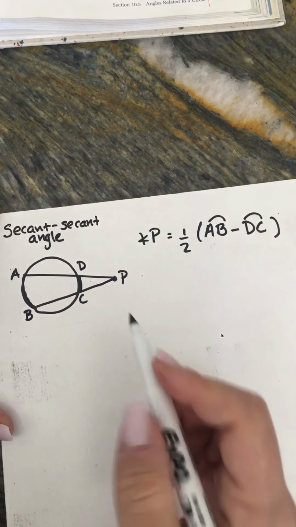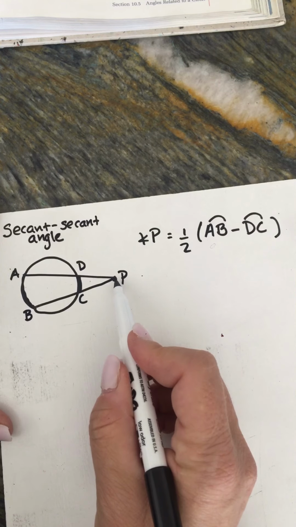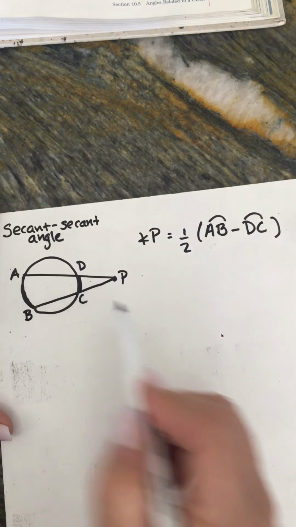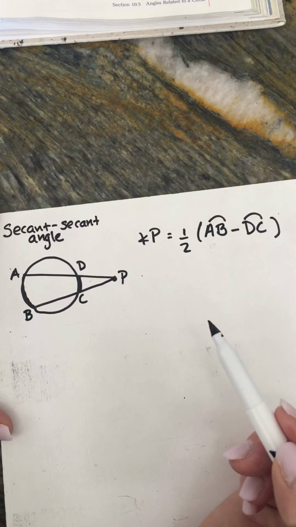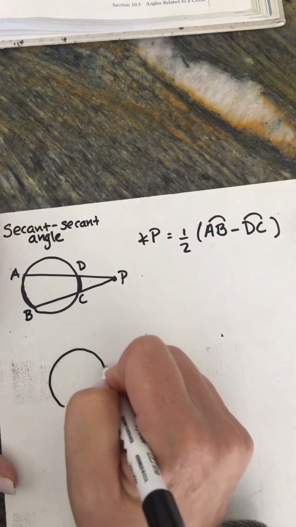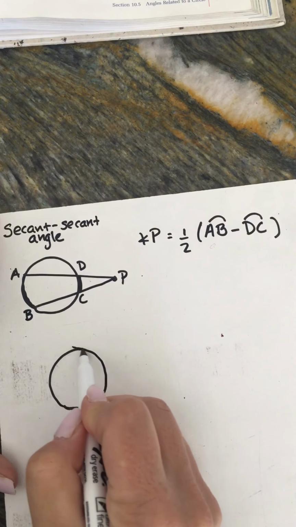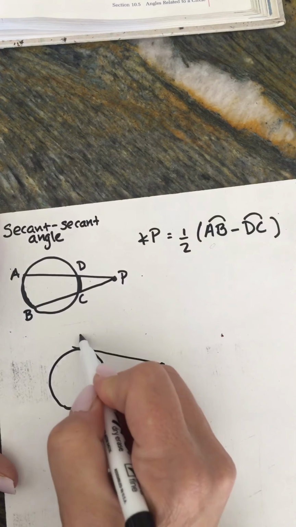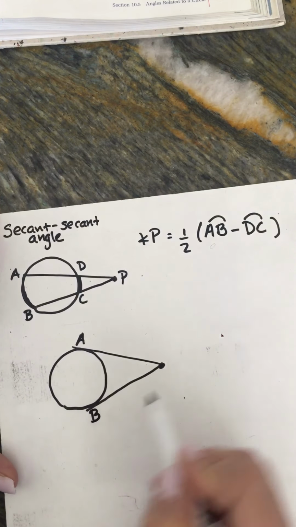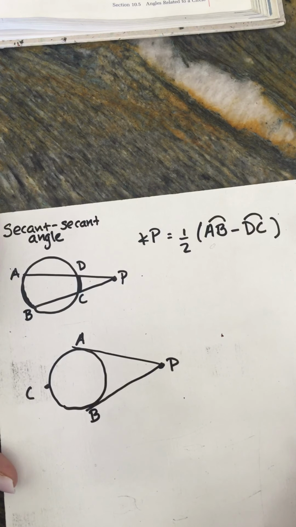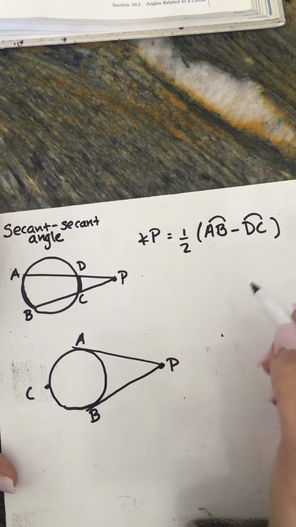Okay, so the vertex is on the outside, so the angle measure is equal to half of the difference of the arcs. There's another situation where you could have the angle on the outside. You could have two tangents. We'll call that A, B. We'll put a C out here, and we'll call that point P. Okay, same thing.